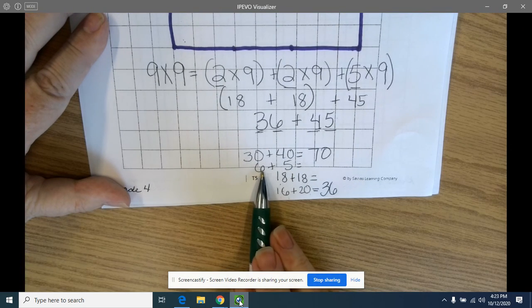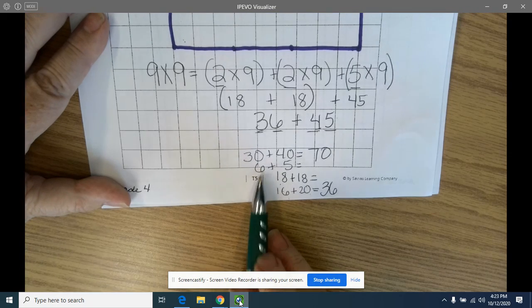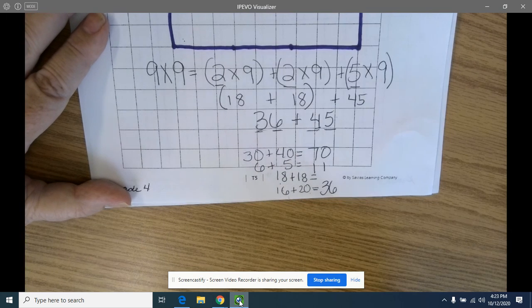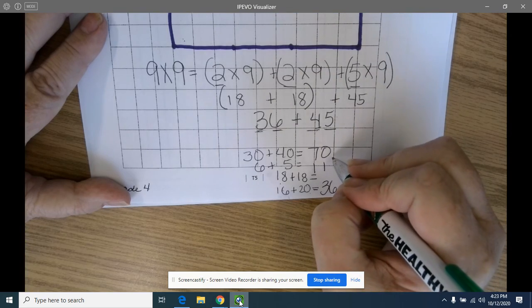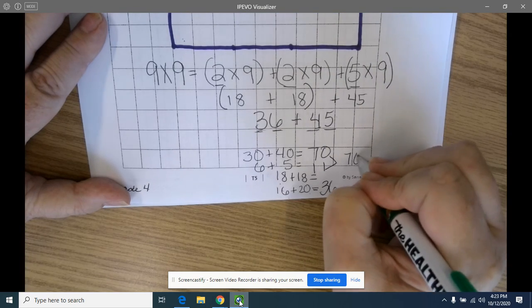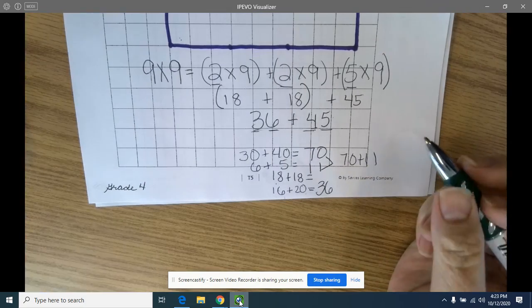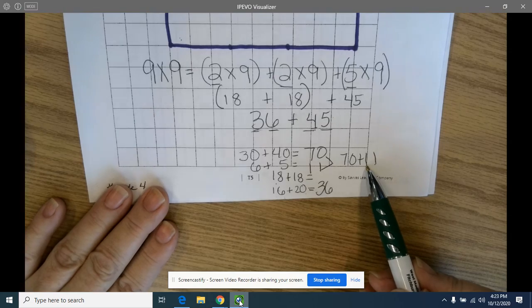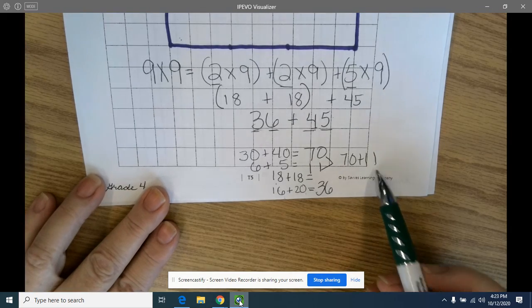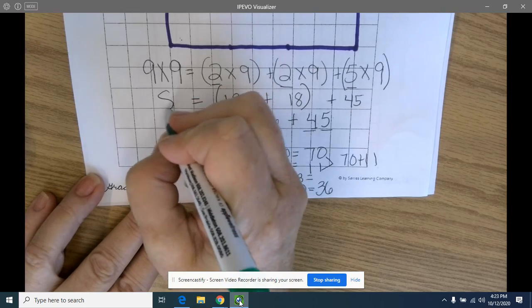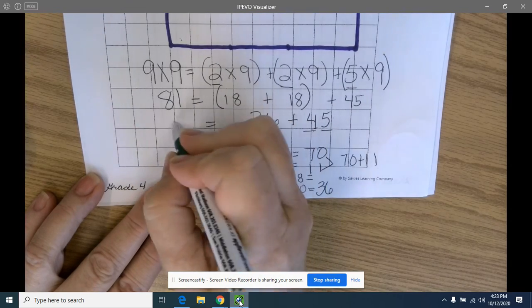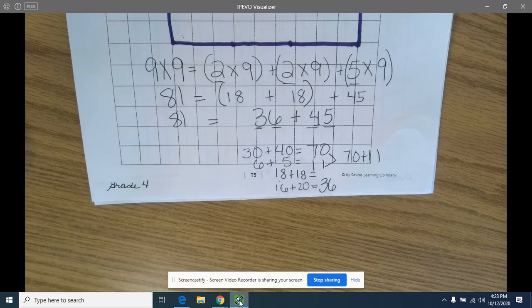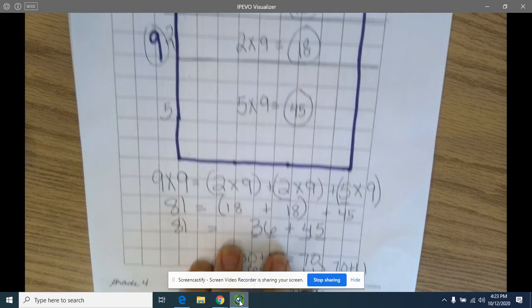I know 5 plus 5 is 10. 6 is one more, so that is 11. Okay. So now what is 70 plus 11? 70 plus 10 plus one more equals 81. This also equals 81. 9 times 9 is 81.